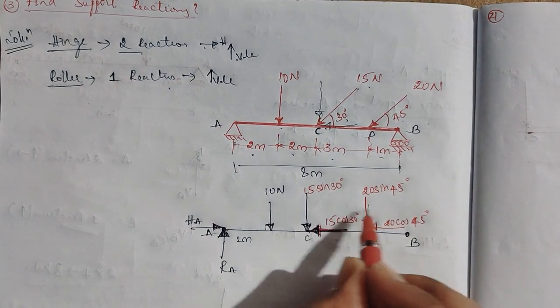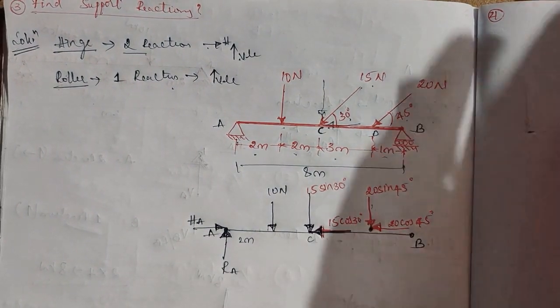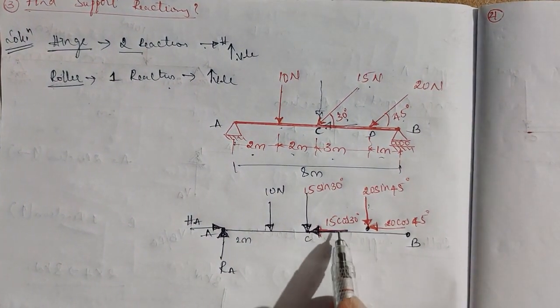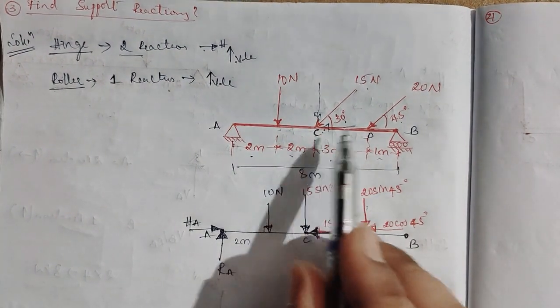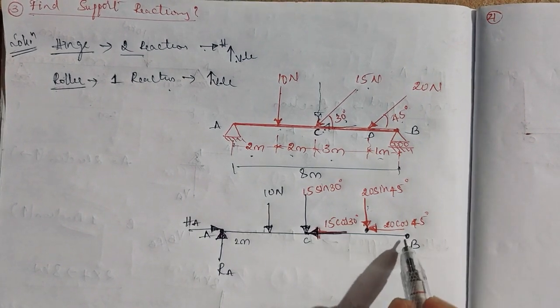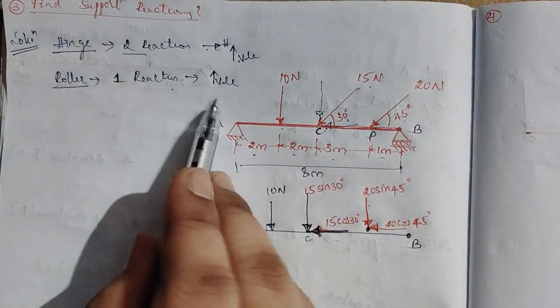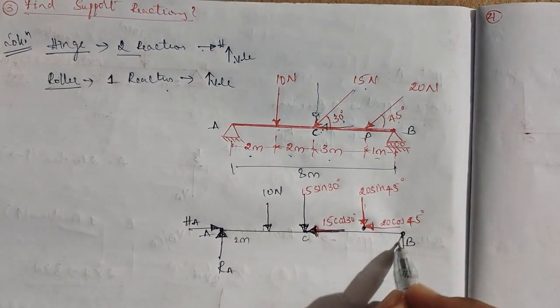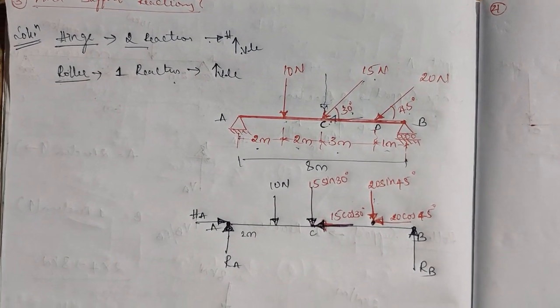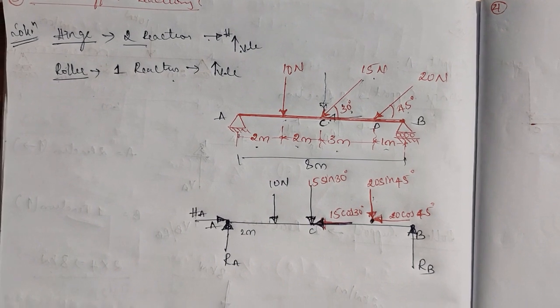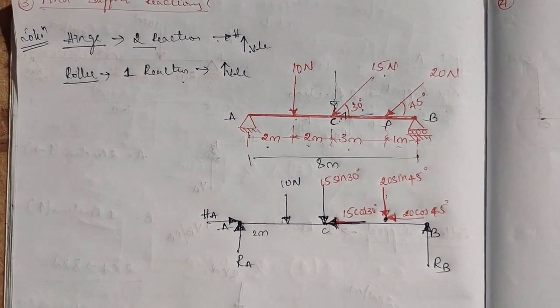So the vertical forces will be sine, and the horizontal forces will be cos, right? We covered this, and we come to B. B is a roller support. We have only one reaction, that is the vertical reaction. I take it as RB.